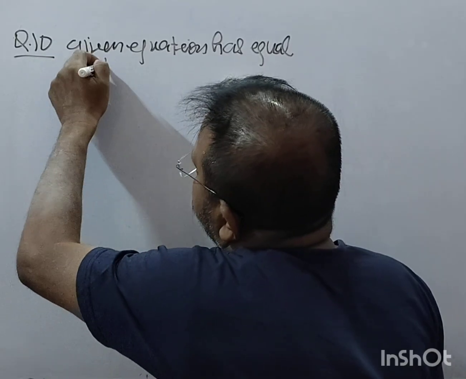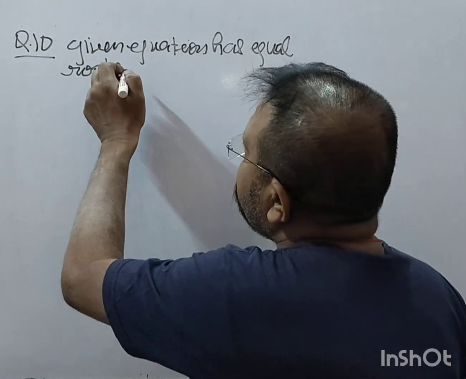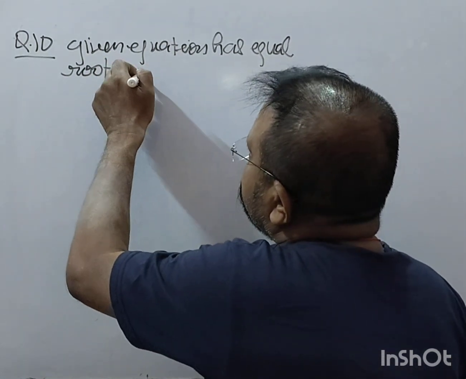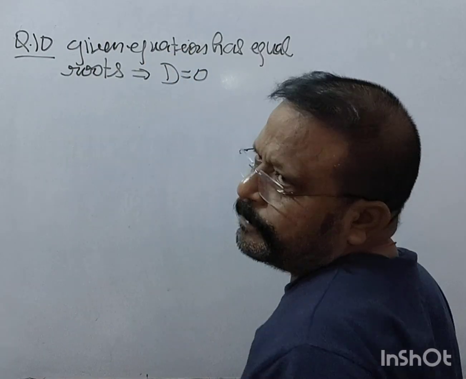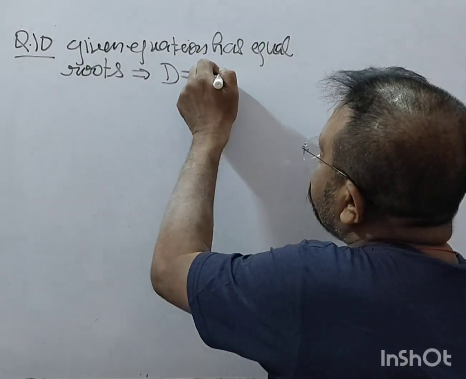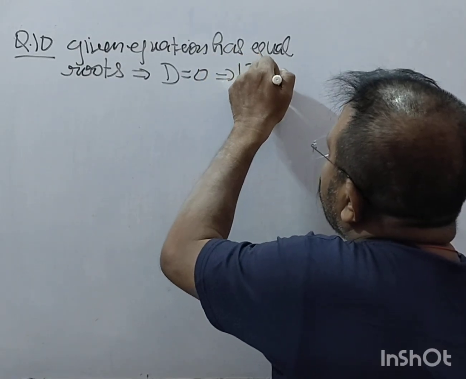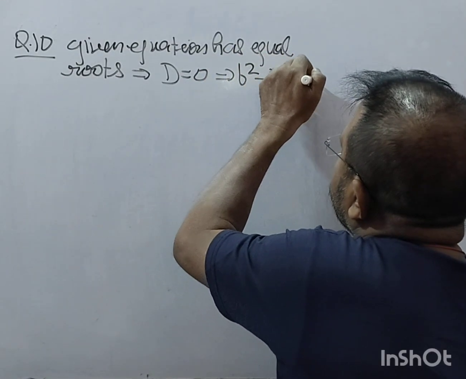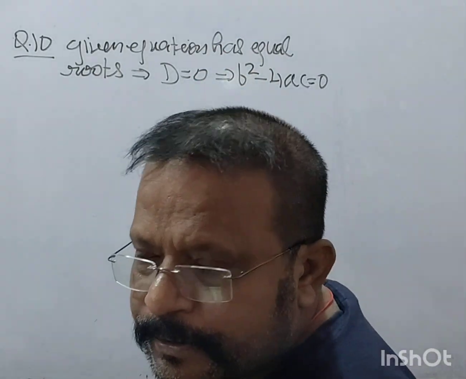What is the meaning of it? Equal roots means discriminant is equal to 0. Or you can say b square minus 4ac is equal to 0. This is the meaning of this statement.